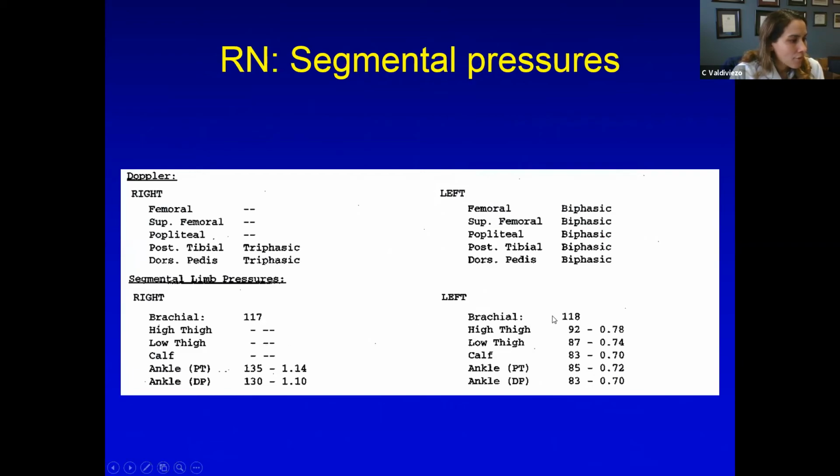And then in the left, we have a brachial systolic pressure of 118, and the lower extremity systolic pressures gradually decrease. You can see here the ratio is quite significant at 0.7, and as we go further down on the limb, it really steadily decreases. So we suspect or expect significant disease here, while on the right we've not. Let's look at what our further evaluation shows in this patient.